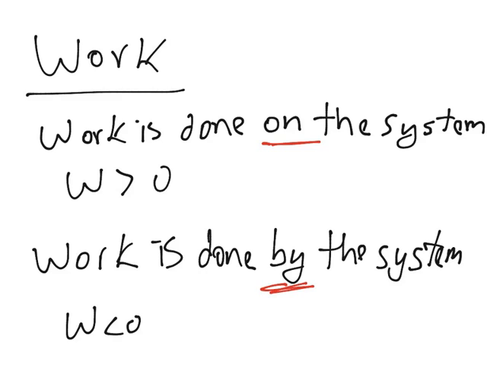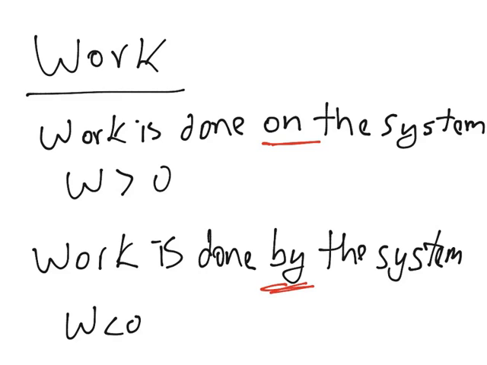If the work is done on the system, it will gain work, because the work is done by the surroundings on the system, so the system is not losing any energy at all. But if the work is done by the system, it has to apply a force or has to waste some energy, meaning that the work is going to be negative.